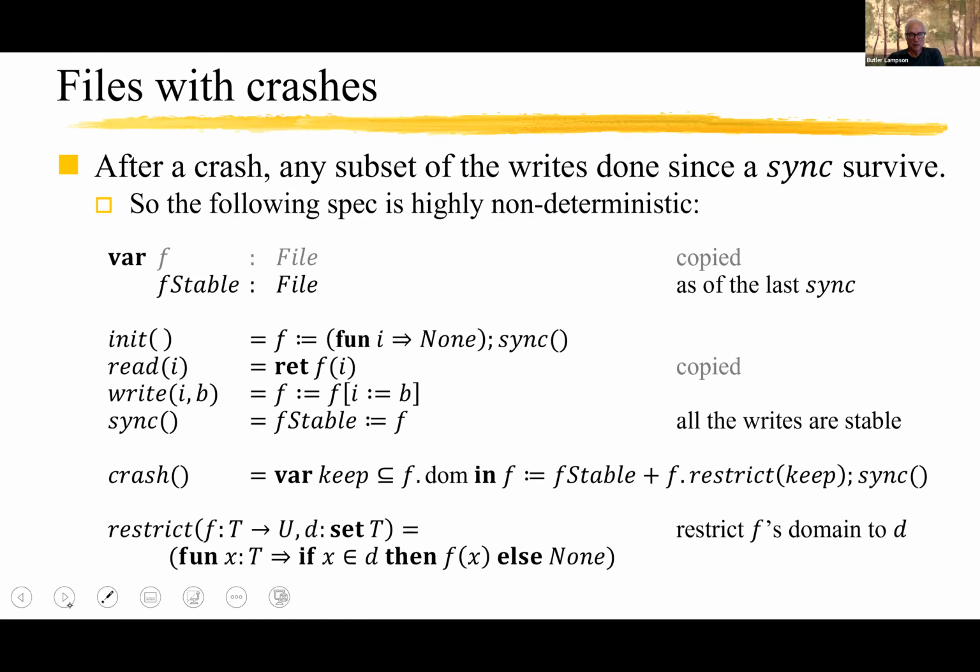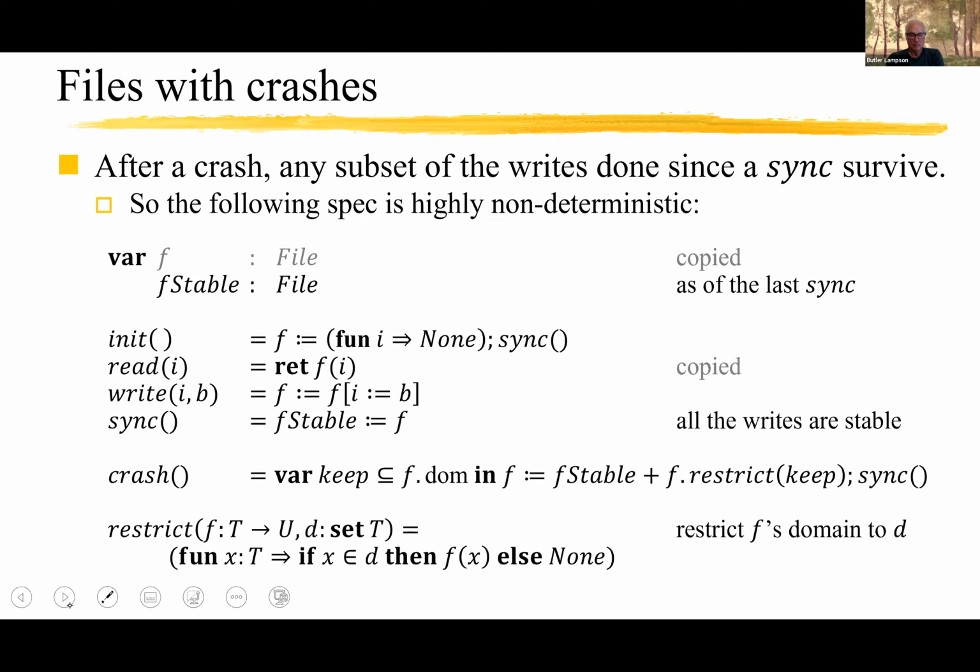In other words, F restricted to keep is going to be F, which is only defined on the keep set. So any place where the keep set says you should keep the new value, we're going to keep it and clobber the value of F stable. Everywhere else, it's going to be the stable value. And then having done this, crash does the sync so that now F stable is the same as F. And I've written explicitly the definition of restrict down at the bottom, but there shouldn't be anything surprising there.